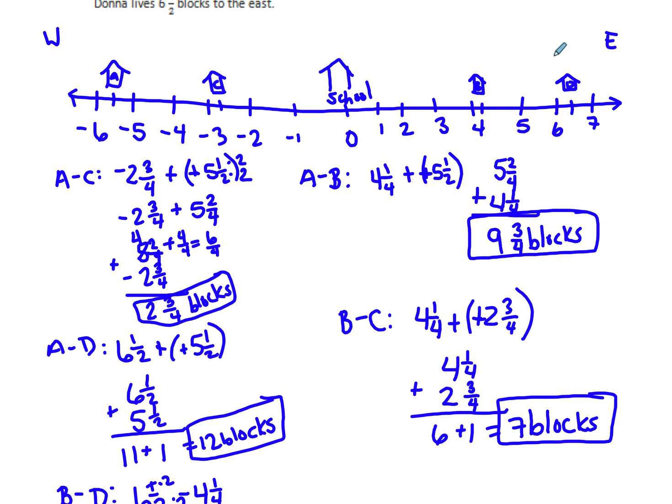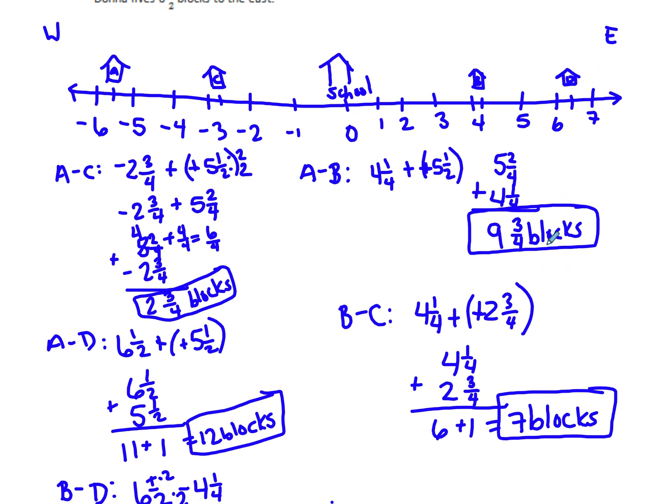And then the last one we haven't done is Chris to Donna. So that'll be our last one of these problems, and then we'll be all done. So Chris to Donna. Looks like Chris is -2 3/4. Donna is 6 1/2.